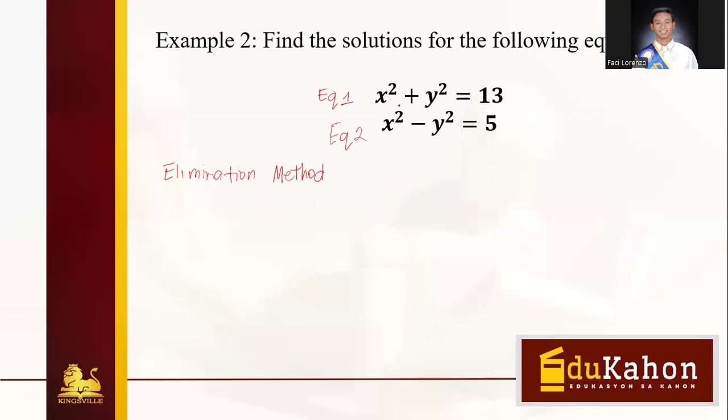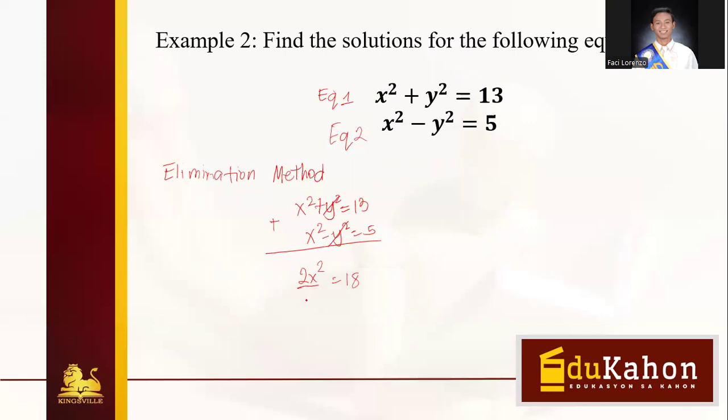Okay, so let's have x squared plus y squared is equal to 13. And let's have x squared minus y squared is equal to 5. If we add these, the y squared cancels. So we have x squared plus x squared, that is already 2x squared. And 13 plus 5, that's already 18, right?